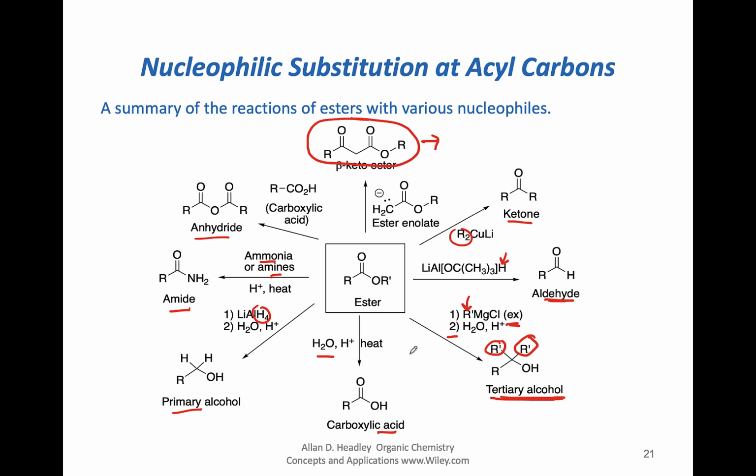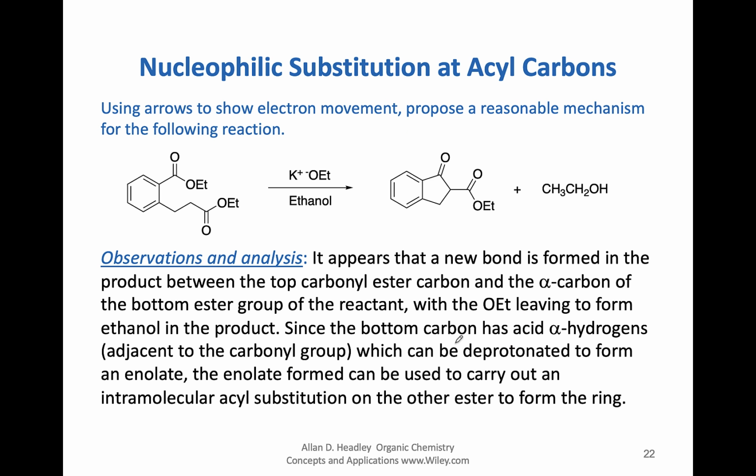So as you can see, we have lots of applications for the acyl substitution reactions. So let us see if we can start our analysis here. Let's look at a mechanism first. Using arrows to show electron movement, propose a reasonable mechanism for this reaction. So let's analyze this first. Whenever you ask for a mechanism, remember we're not supplying additional reagents.